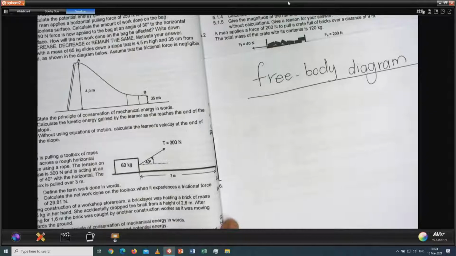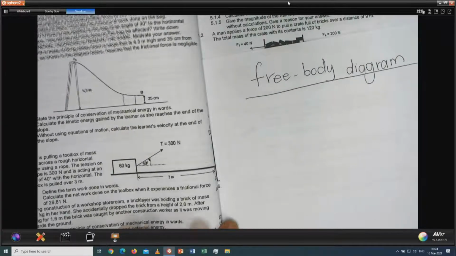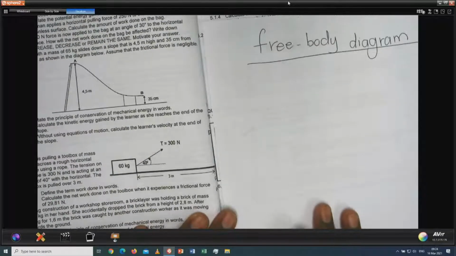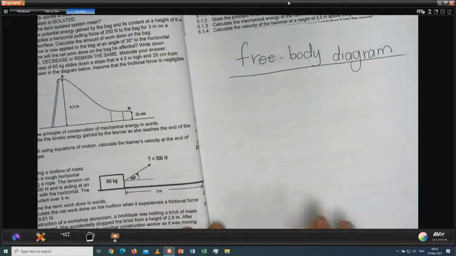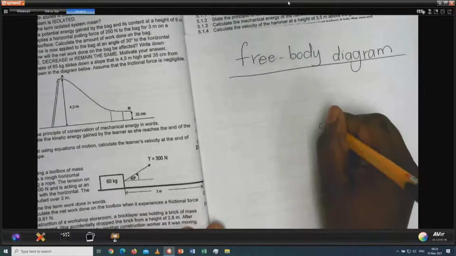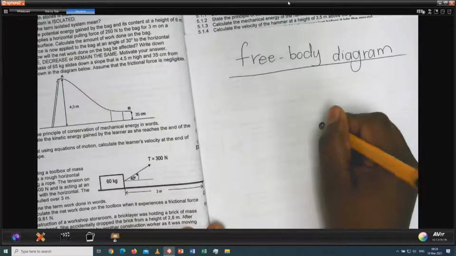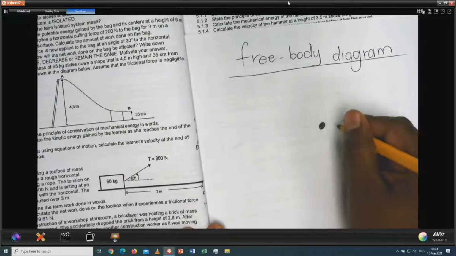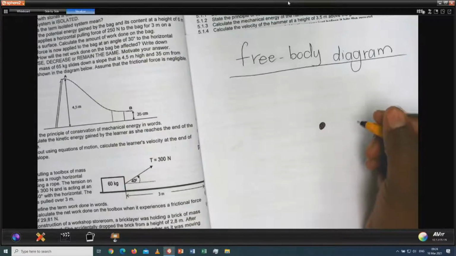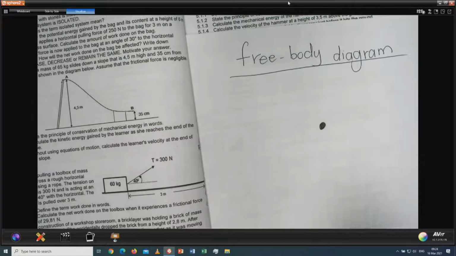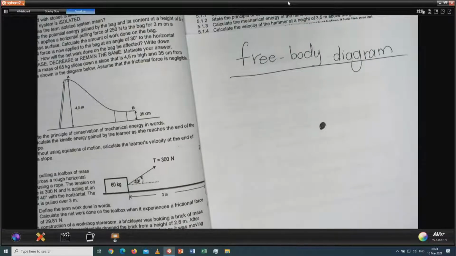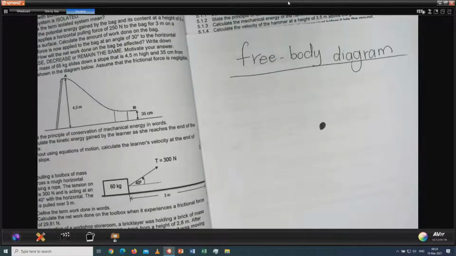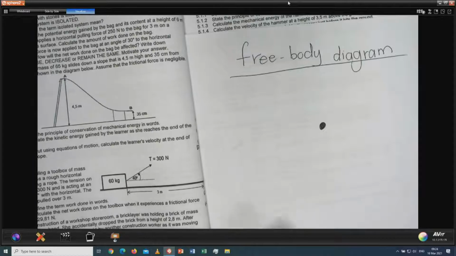A free body diagram. Now, with the free body diagram, you have a dot. This dot is representing the object. And then we are going to draw lines. And then the lines must have arrows, and they must be in the direction in which the force is acting.